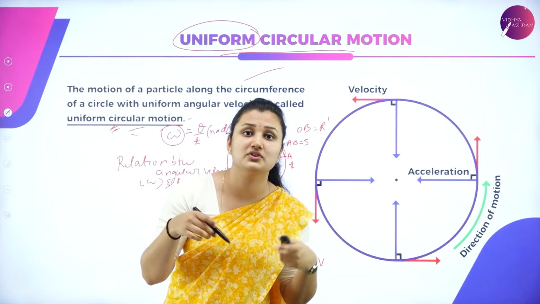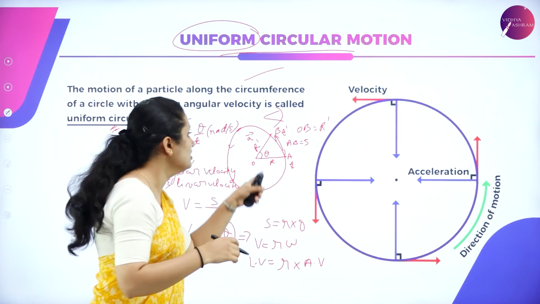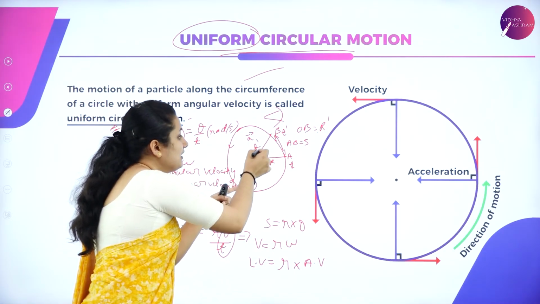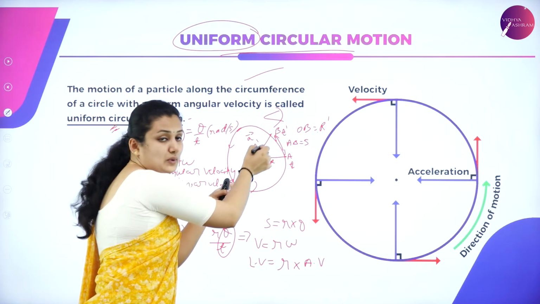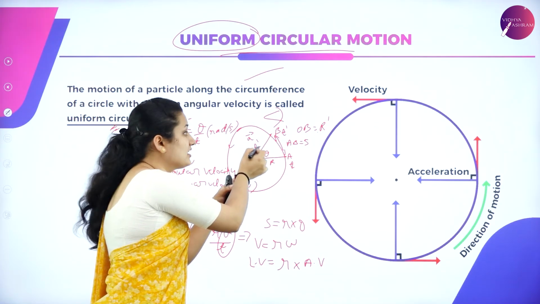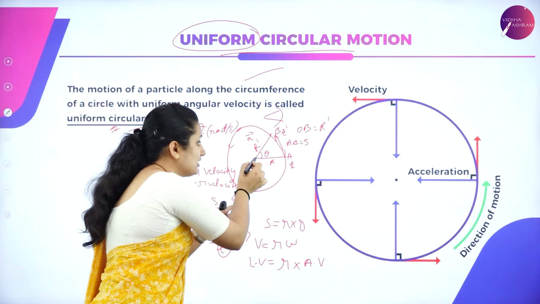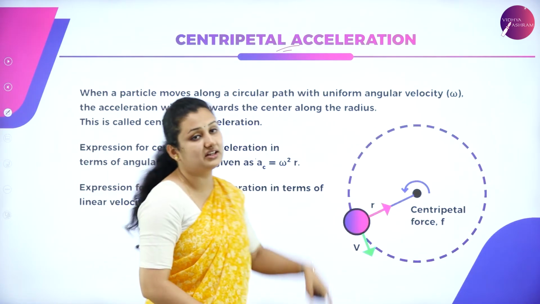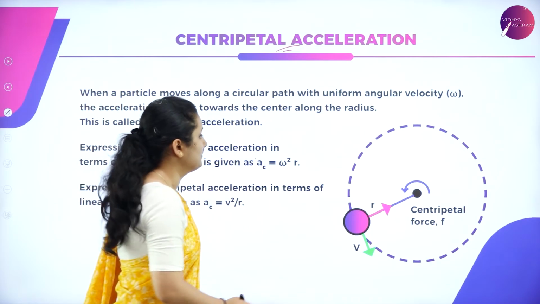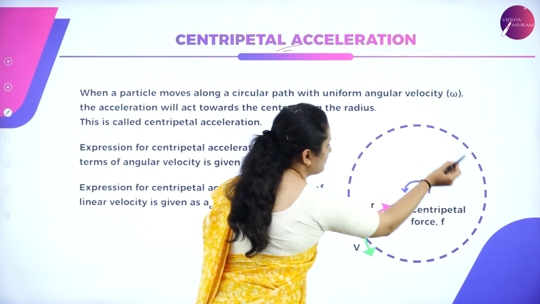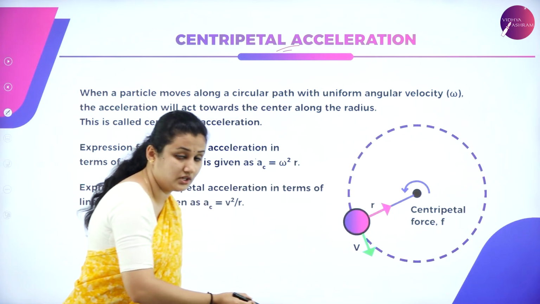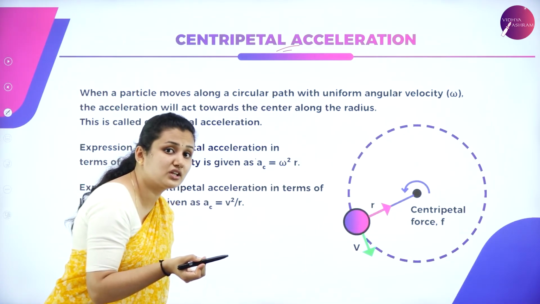Acceleration is a vector which gives both magnitude and direction. So it will experience an acceleration along the radius vector at the center of the circle. That is called centripetal acceleration. A body is moving along the circumference of a circle with uniform circular motion. What is the condition for uniform circular motion?